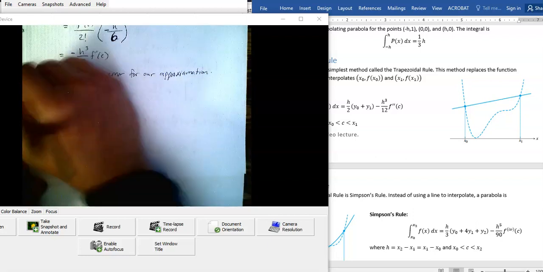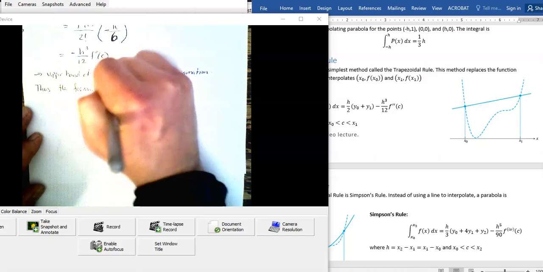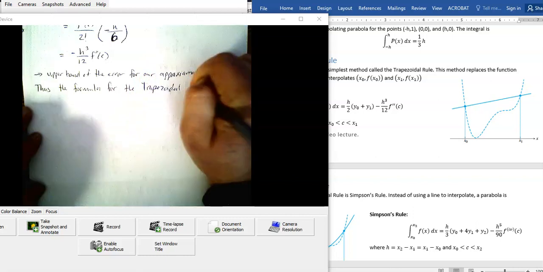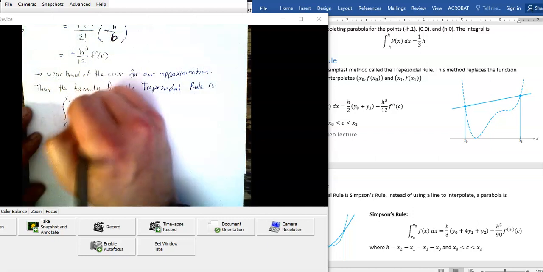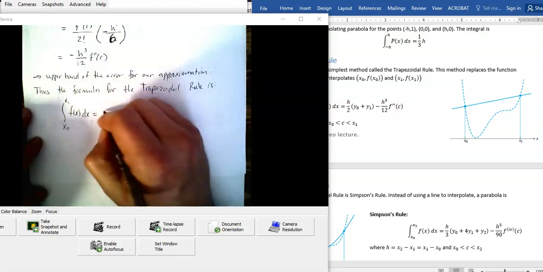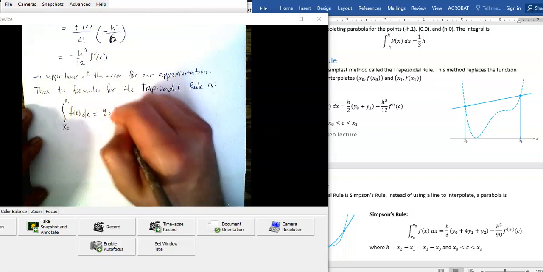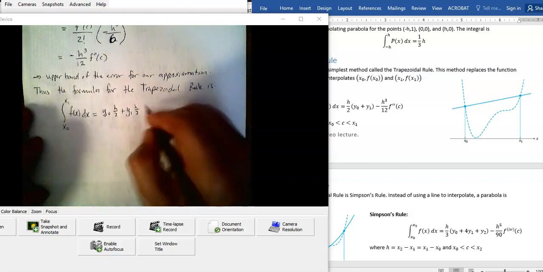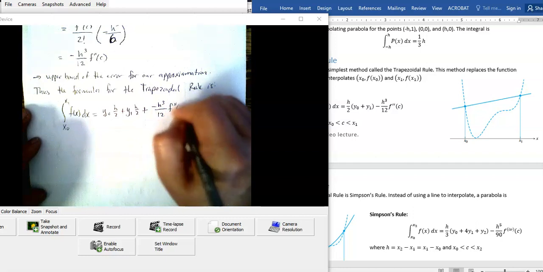Thus, the formula for the trapezoidal rule is the integral from x0 to x1 of f equal to the integral of p of x, which was y0 h over 2 plus y1 h over 2, plus our error integral, which was negative h cubed over 12 times f double prime at c.